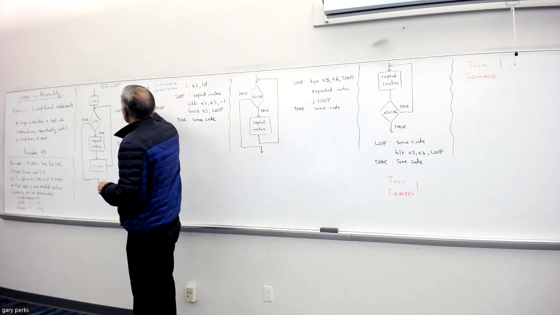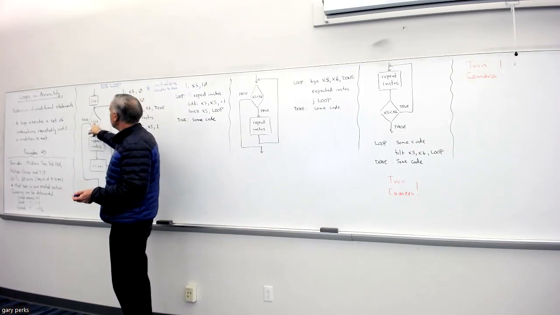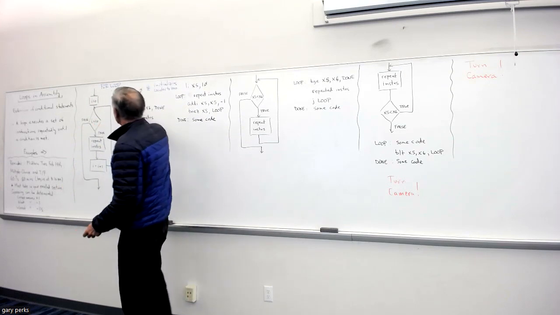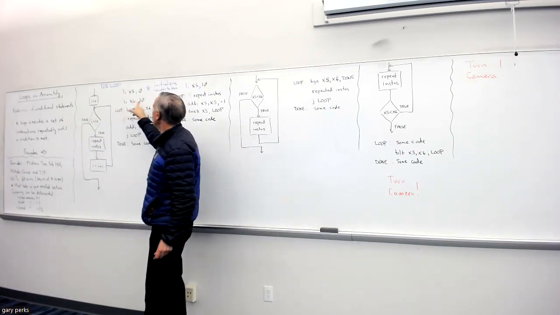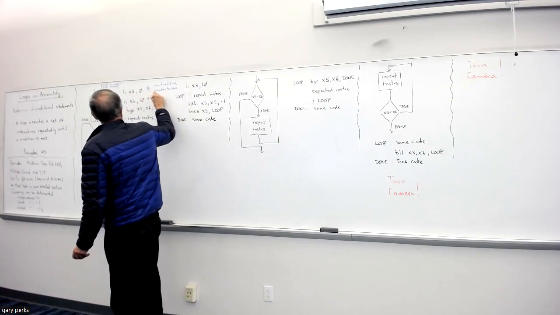Then we're also going to put the number that we're going to make our decision on, which we call the max count, into a register. That's what this load immediate does. We're just putting the max count into a register.